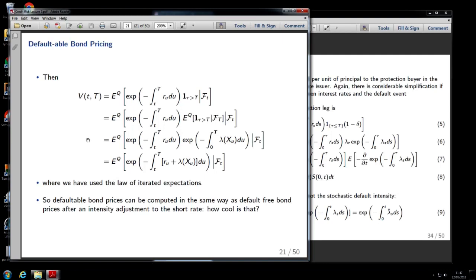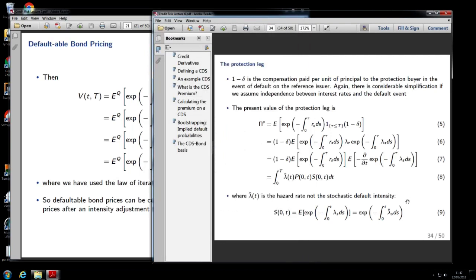But this is the expected value of e to the something. I can split this thing up just by making the independence assumption. The expectation of the thing within this bracket, this whole thing, is this P(0,T), right? The expectation of this multiplied by this expectation is the integral of the product of this and this.